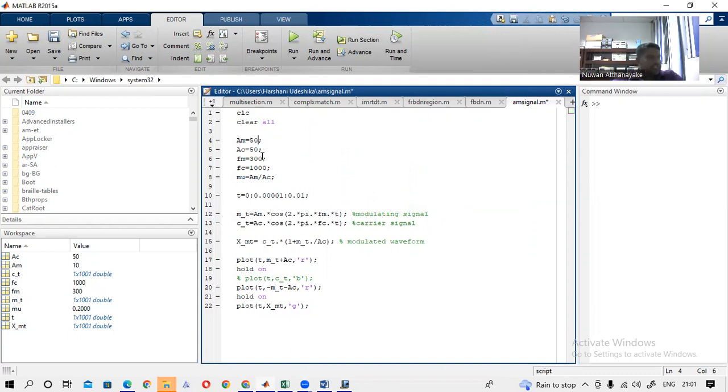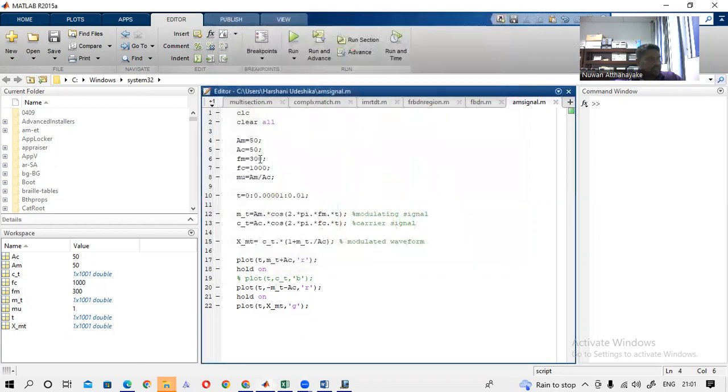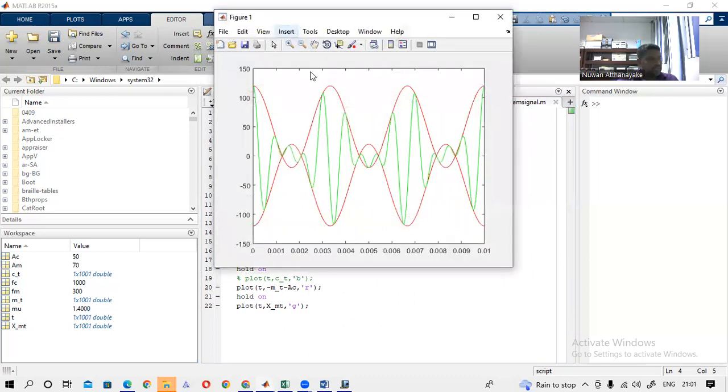Now you can see what happens if AM is equal to AC, that means mu is equal to 1. Now your envelope touches the zero axis. If you somewhat raise your AM, those are all modulated signals, and it will cross, and this part will generate this part.